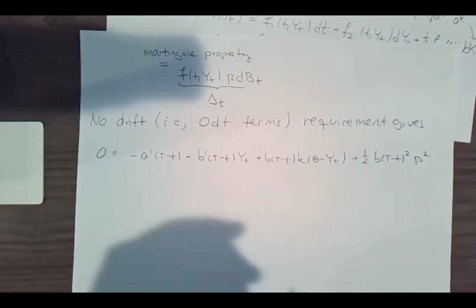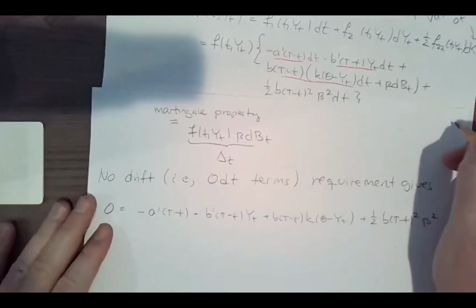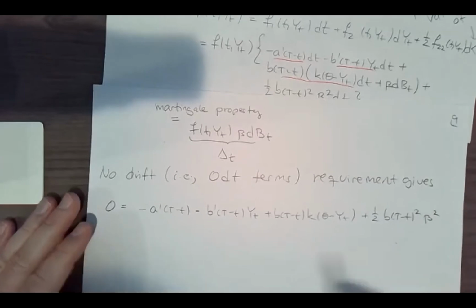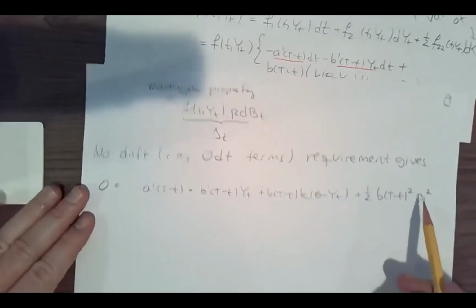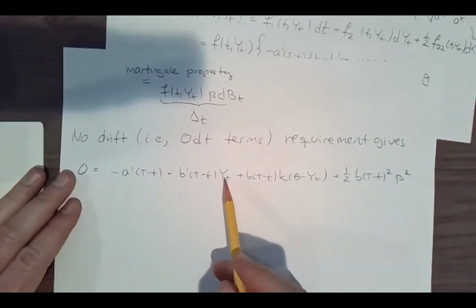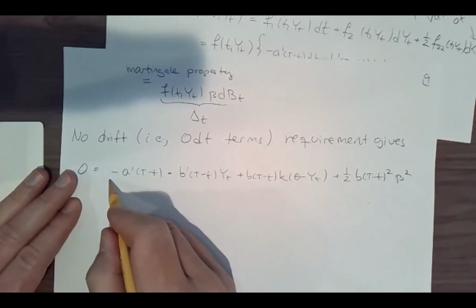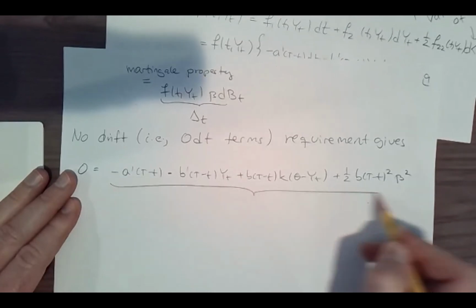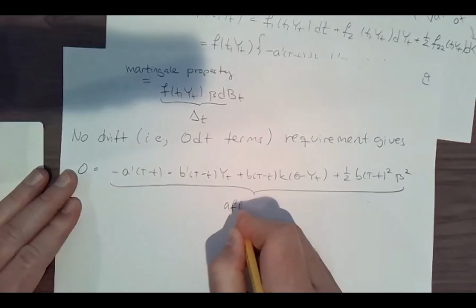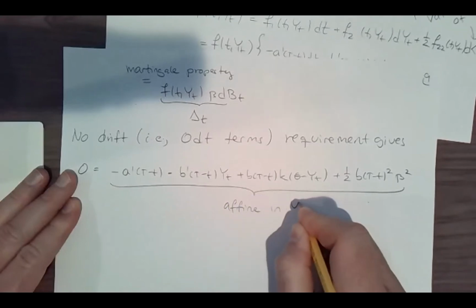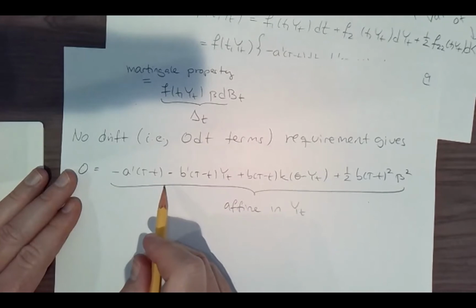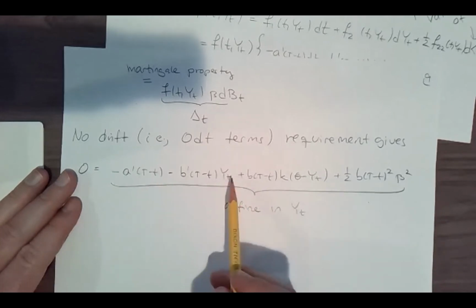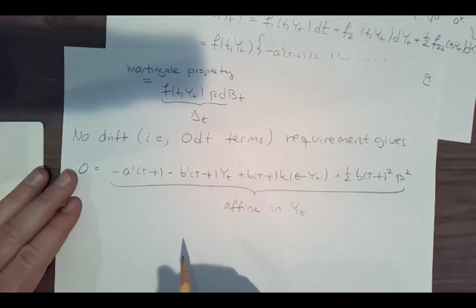So it's a long expression. But what we do see is that everything here on the right-hand side is affine in y_t. So it's equal to a constant plus a linear function of y_t.